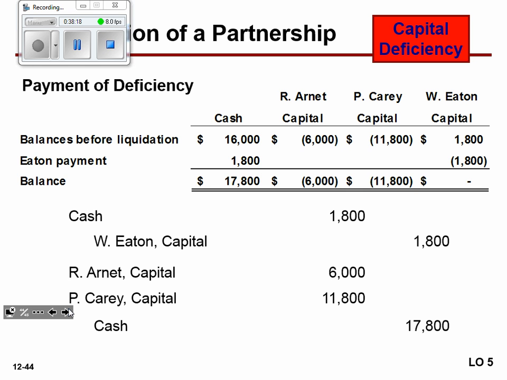Oh, I see. Here's our 3 partners. We're sitting there with a $16,000 balance in cash before the liquidation.